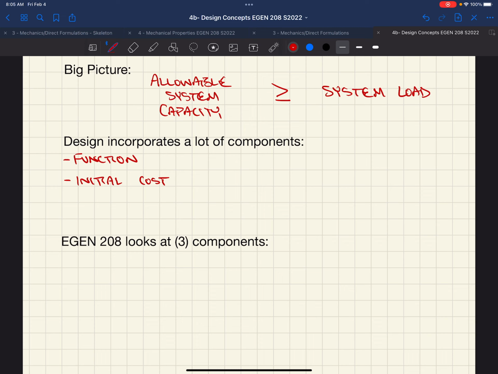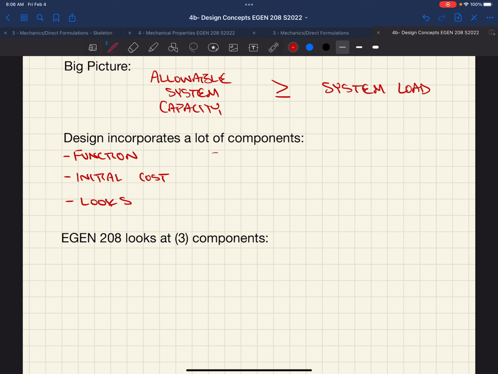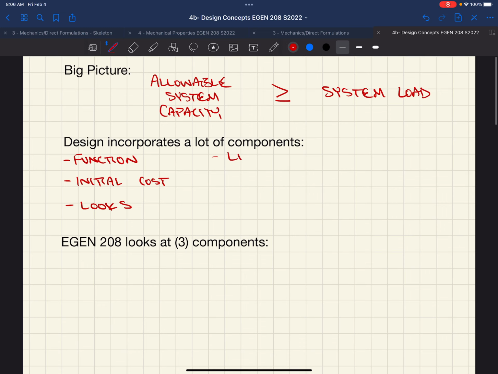Any other ideas of things that you would consider when designing something? We've got function, we've got initial cost, looks, aesthetics. Anything else? Yeah. Liability? Liability, that'd work. Maintenance costs.